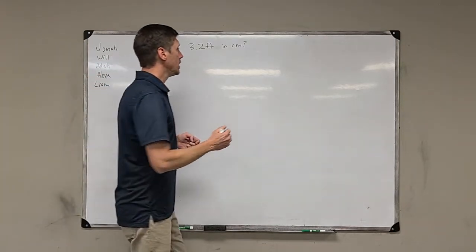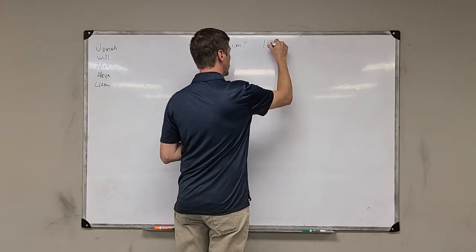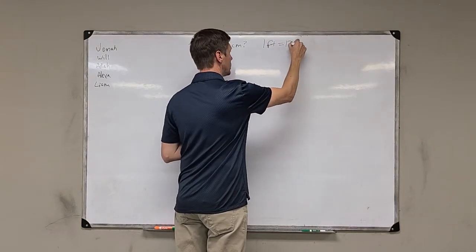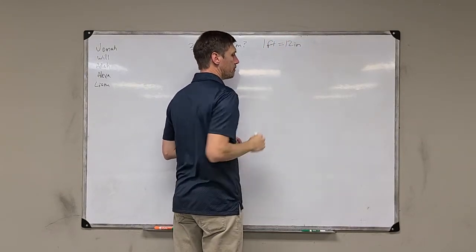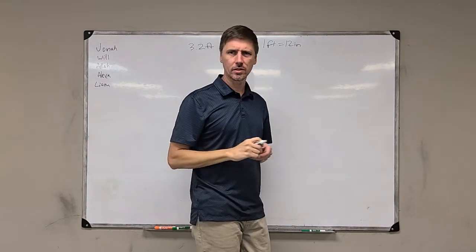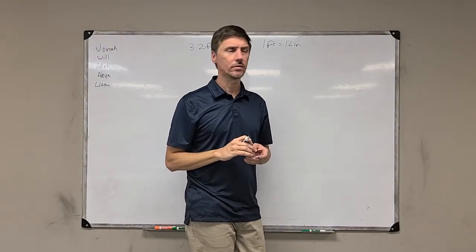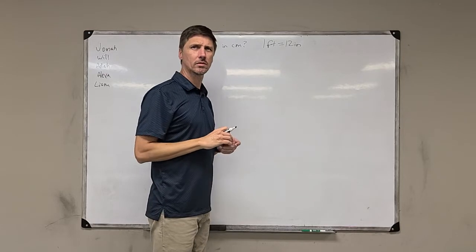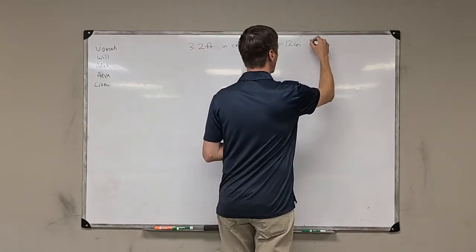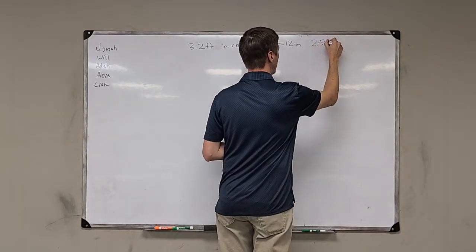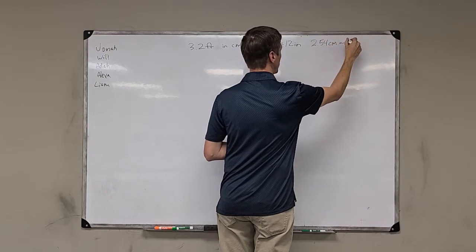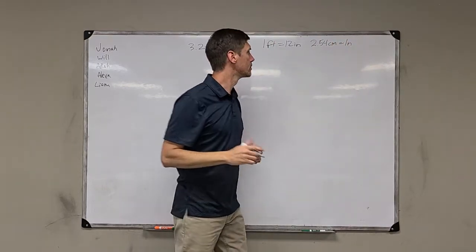What we do know is that 1 foot has 12 inches in it. And did I give you on the quiz how many centimeters were in an inch? I think so. That one's a little less commonly known, but there's 2.54 centimeters in 1 inch.